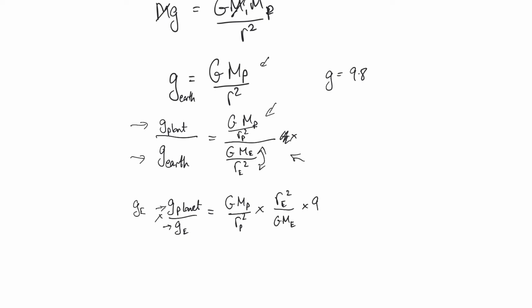So we end up with gravity of planet equals, now these g's will cancel up here, mass of planet divided by mass of Earth, times radius of Earth divided by radius of planet, and those were squared, so we need to make sure that's got a squared sign, times the gravity on Earth.